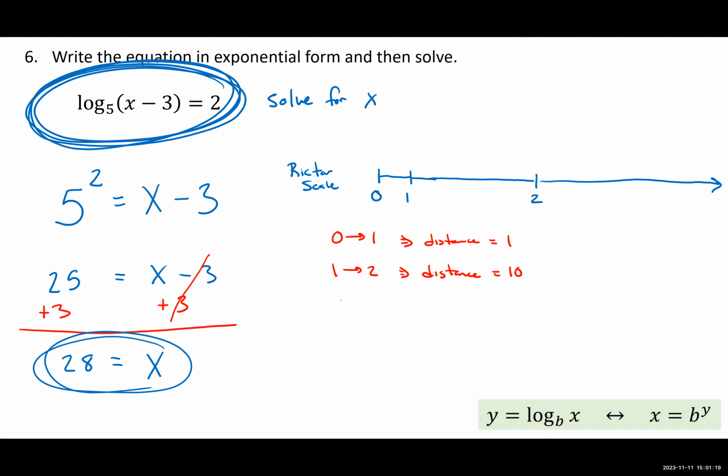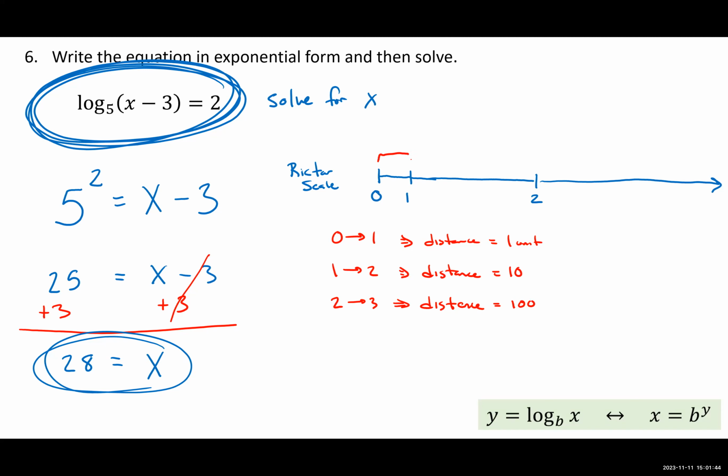And then from a magnitude 2 to a magnitude 3 earthquake, the distance between those two numbers on this scale is 100 units.